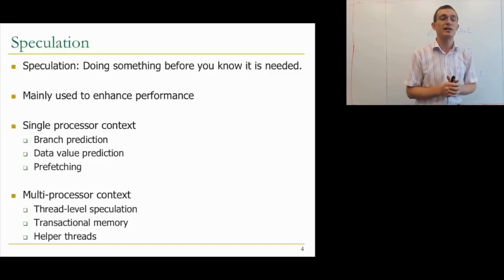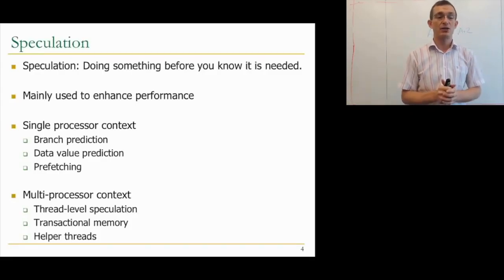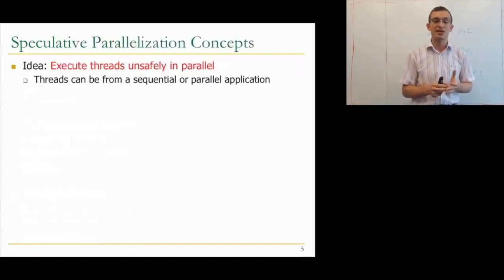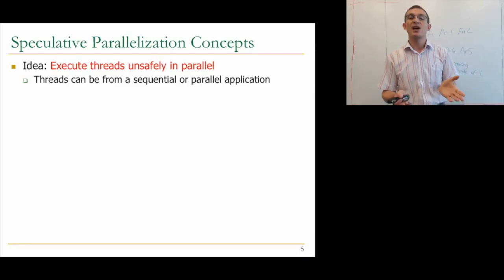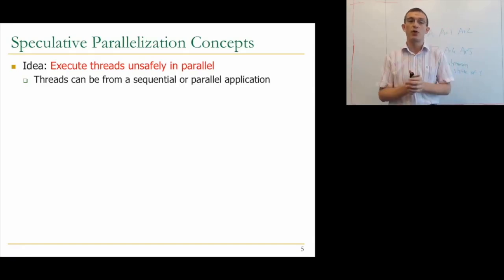So let's take a look at the multiprocessor context. Again, there are many speculation approaches: thread level speculation, transactional memory, and helper threads, but we're going to examine many others. Basically, the idea is to speculatively parallelize the programs in a multiprocessor to improve performance.